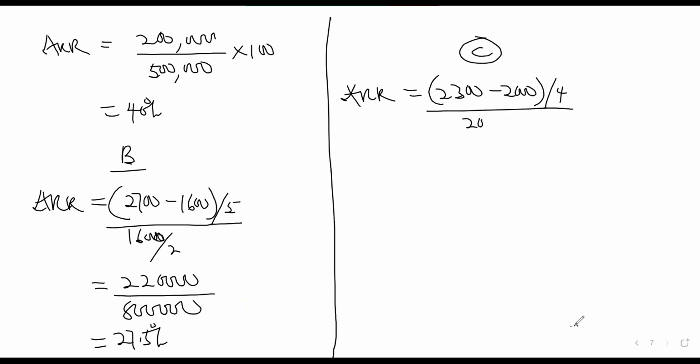So this will also give you 2,000 divided by 2. Okay, divided by 4. That will be 75,000 divided by 1 million. What are we getting?